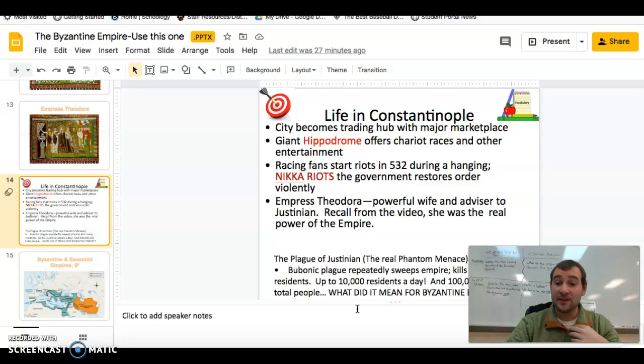So the people start to think that it's God punishing Justinian for what he did. They blame Justinian every time someone dies, or every day it gets worse and worse. Justinian becomes less and less popular because they think this is God's wrath coming down on them for what Justinian and Theodora have been doing.